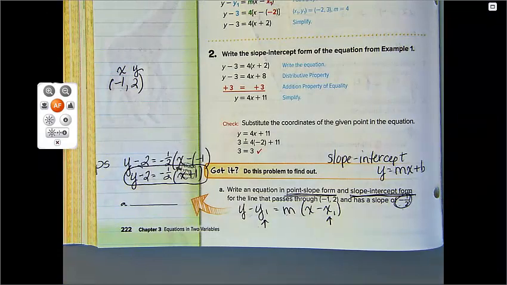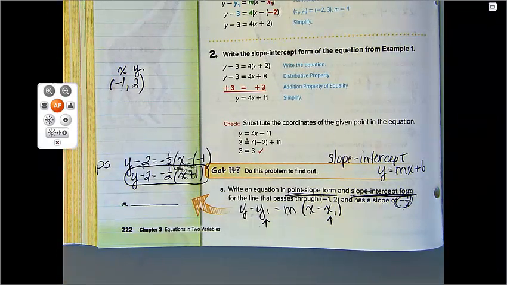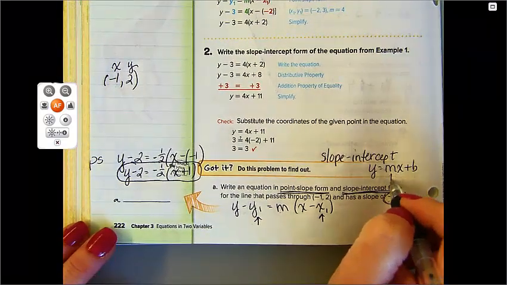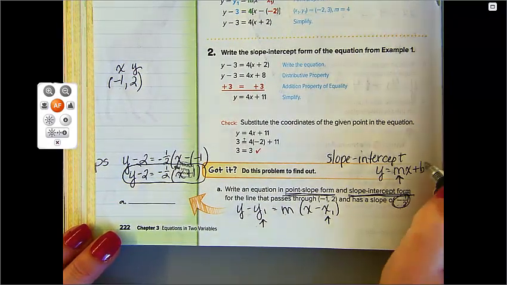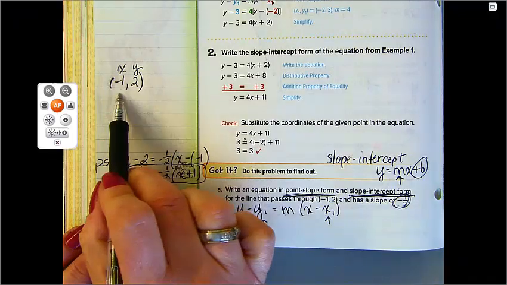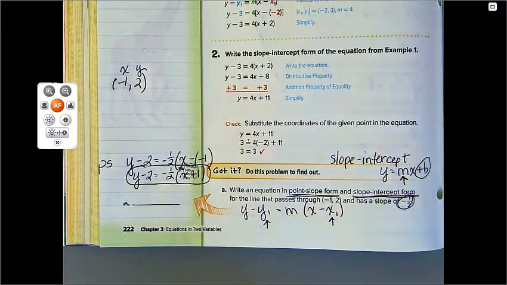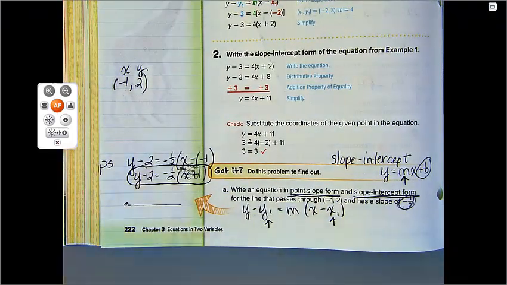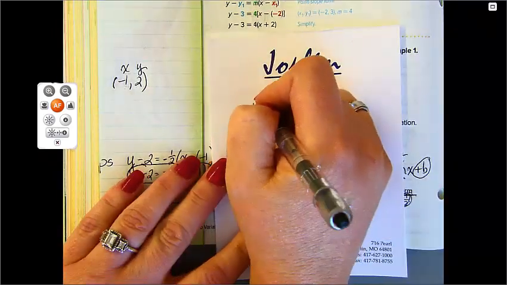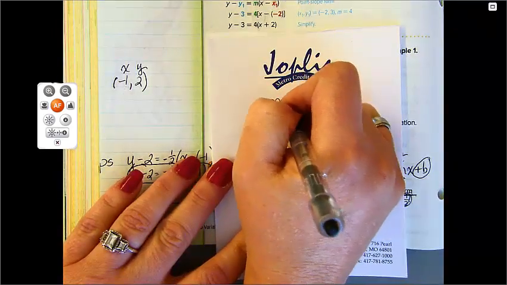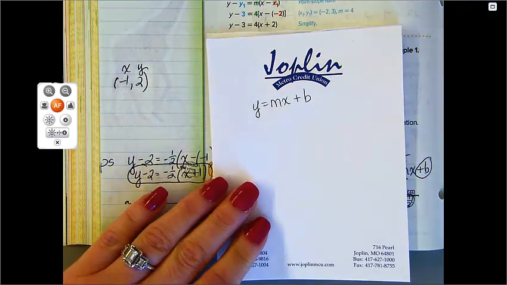And now I want to write it in y-intercept form. Well, I still have my m. I need to solve for b by plugging in these 2 points. So I'm going to do that on a separate sheet of paper so I make sure I have plenty of room. And I'm writing y equals mx plus b. Okay?